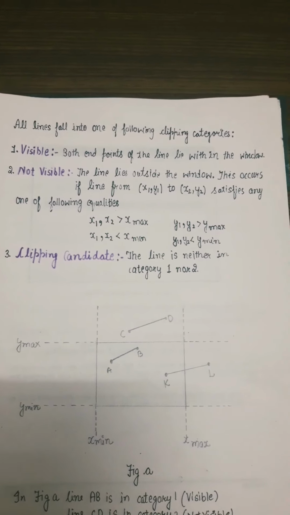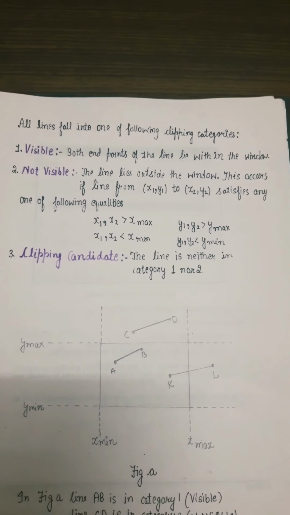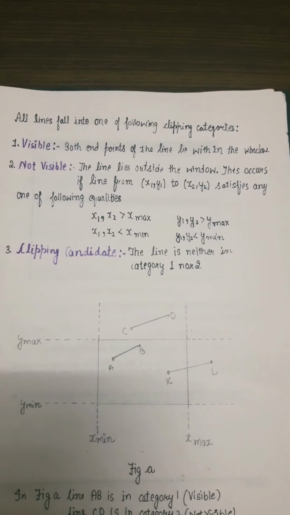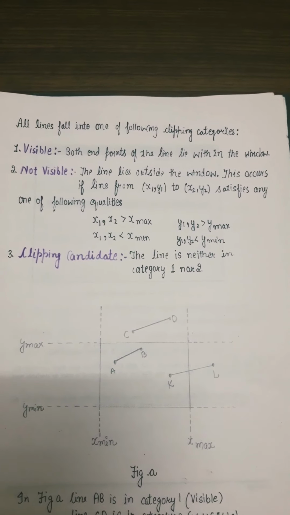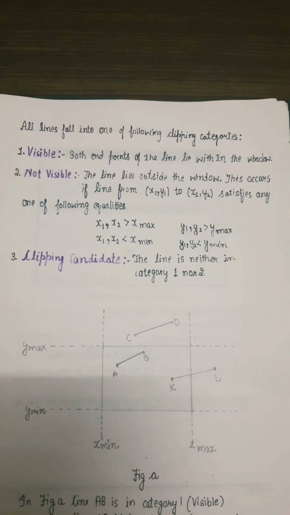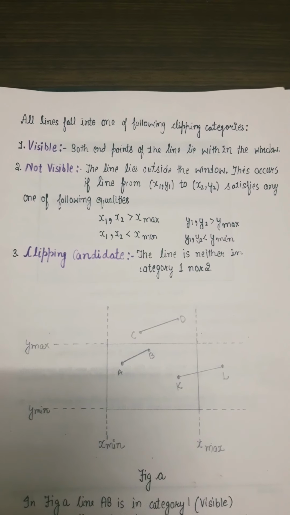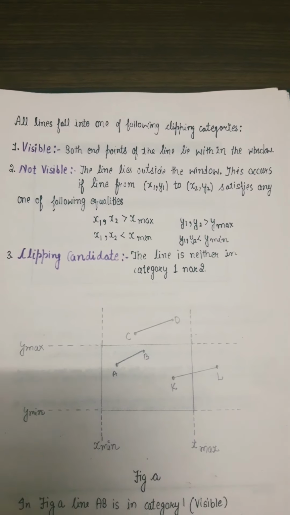Similarly, y1 and y2 must be greater than y max, x1 and x2 should be less than x min, and y1 and y2 should be less than y min. If these comparisons are true, then the line is not visible.